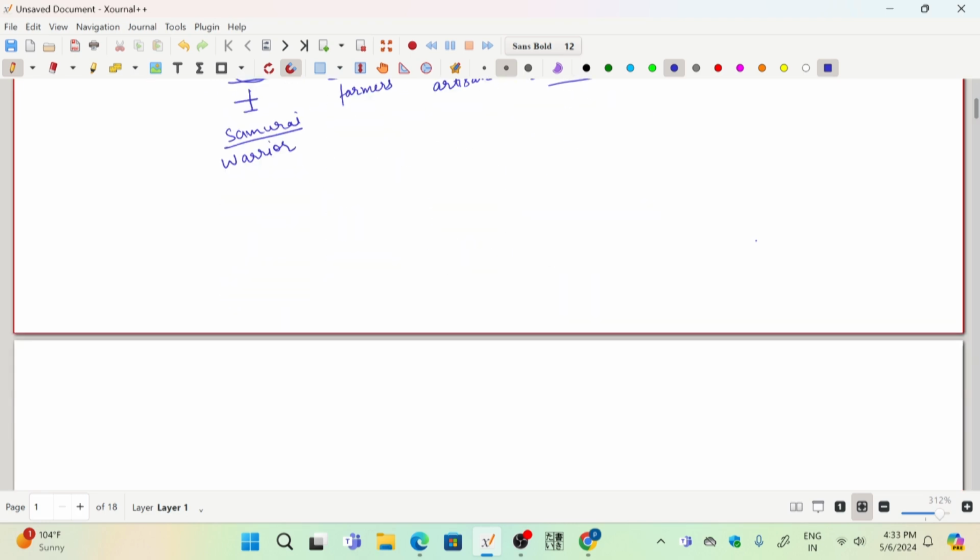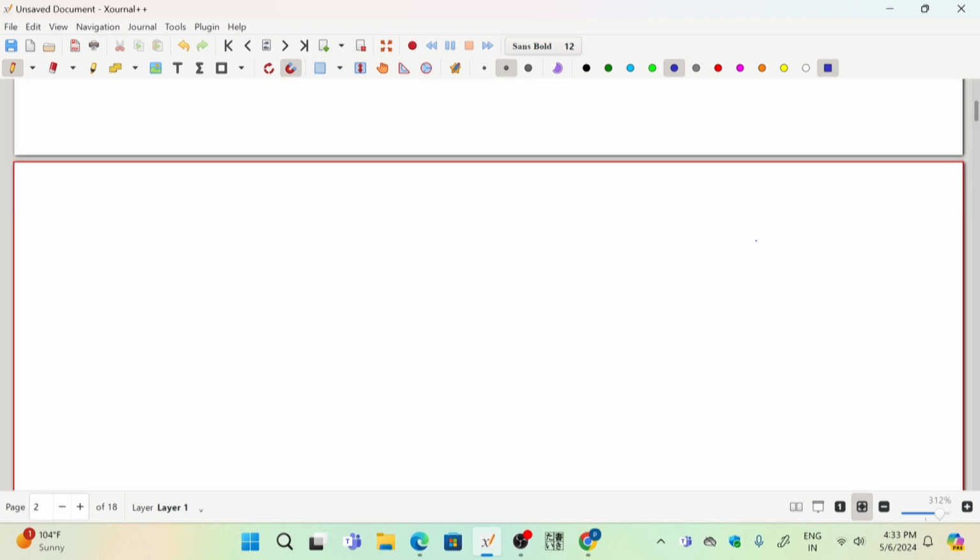Next kanji we'll learn is the kanji of Shi, used in shigoto. First, second, third, fourth. So again, the reading is shi, and it is used with shigoto, which means work.